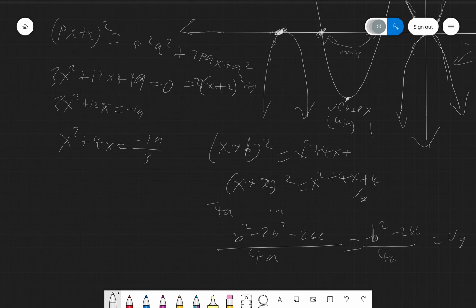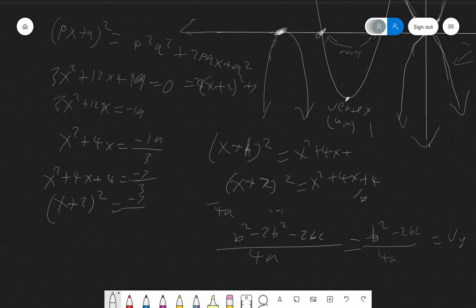So we want to add 4 on both sides, so we get x squared plus 4x plus 4 equals negative 19 over 3 plus 12 over 3, which gets us negative 7 over 3. Now this is what completing the square is. We isolate whatever has an x, and then we add something so that it can become a square, right?